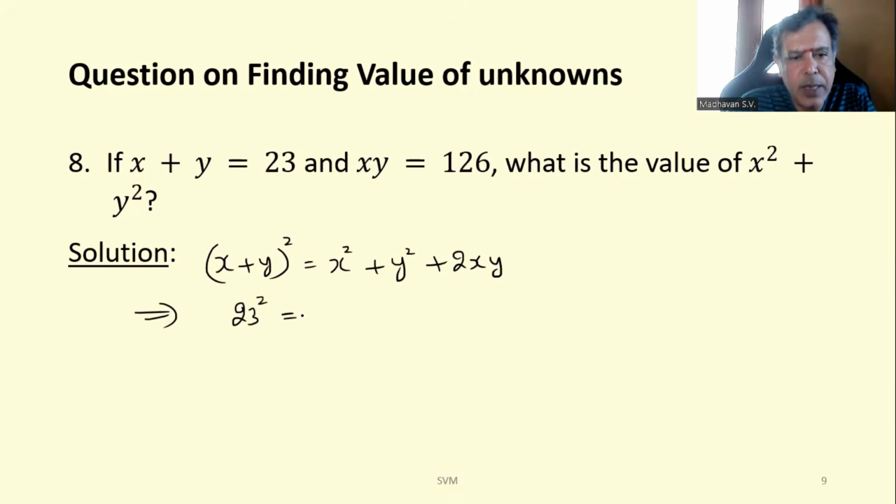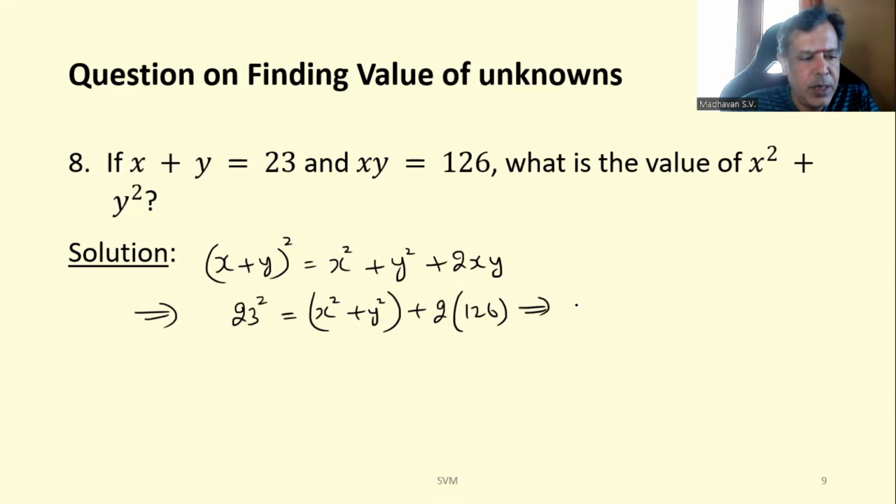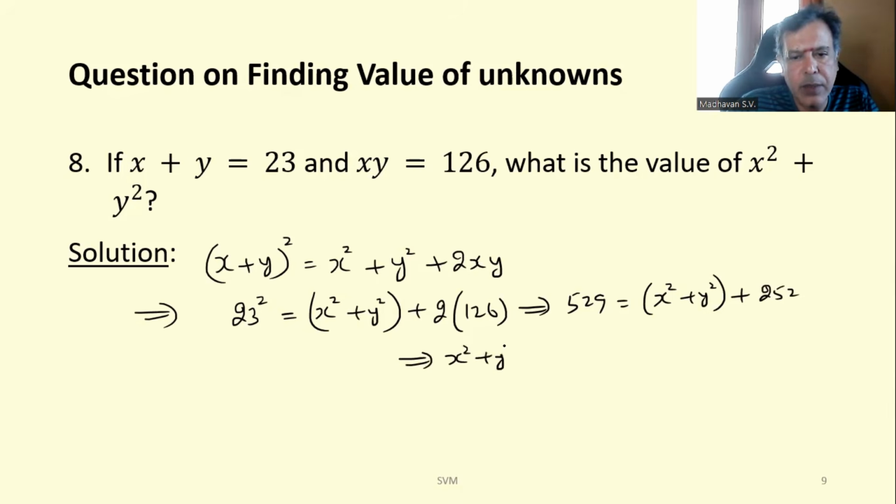So it becomes 23 square is equal to x square plus y square plus 2 times x into y, whose value is given as 126. 23 square is 529, which is equal to x square plus y square plus double times 126, which is 252. So our x square plus y square is 529 minus 252, which is 277. That is the solution.